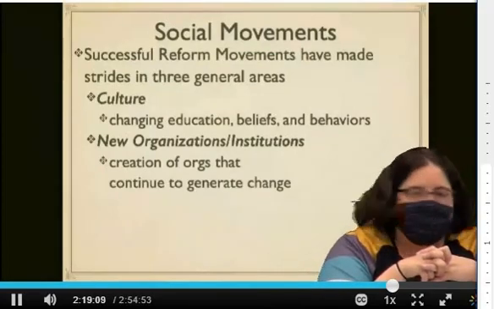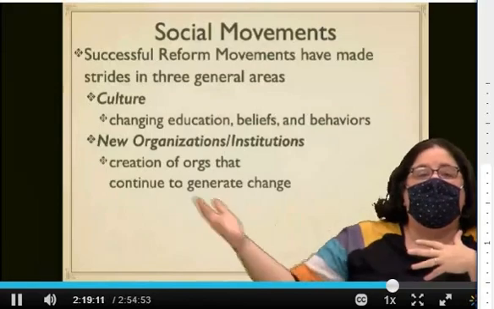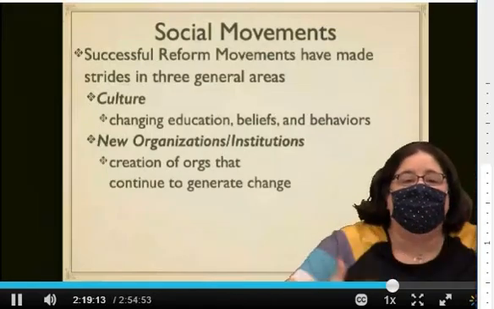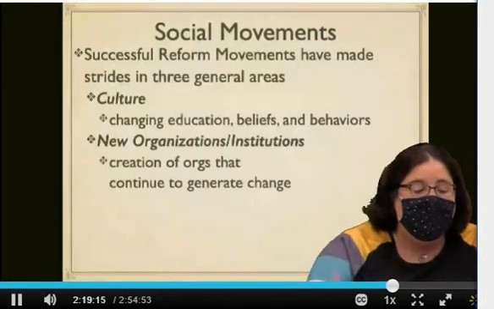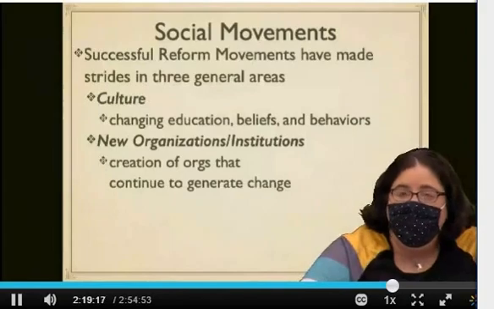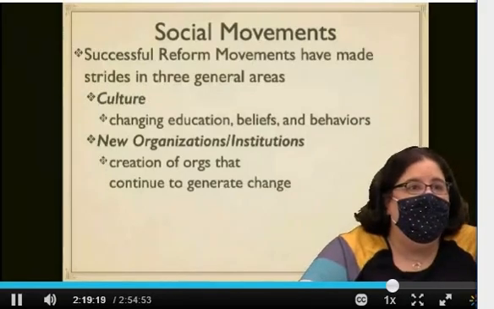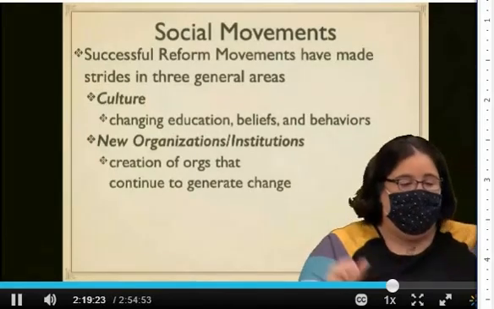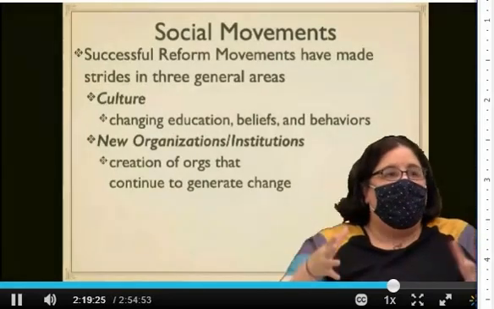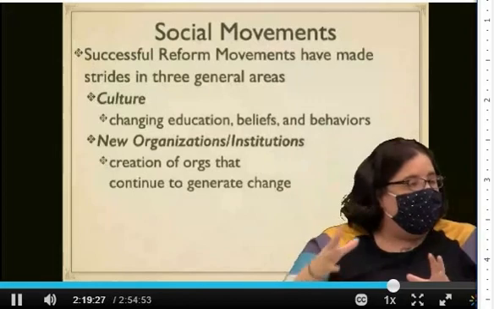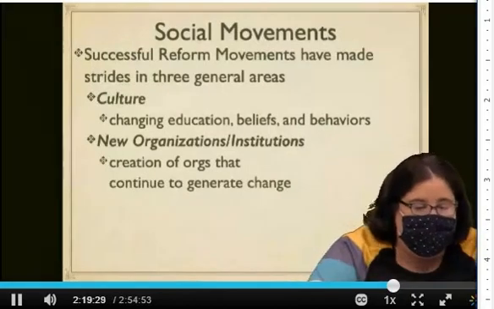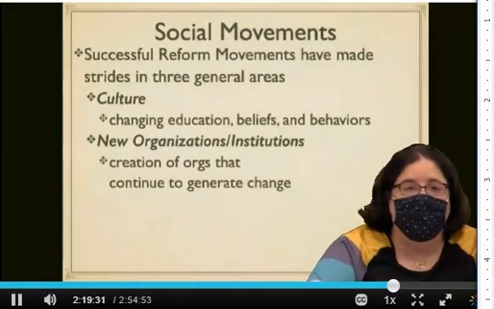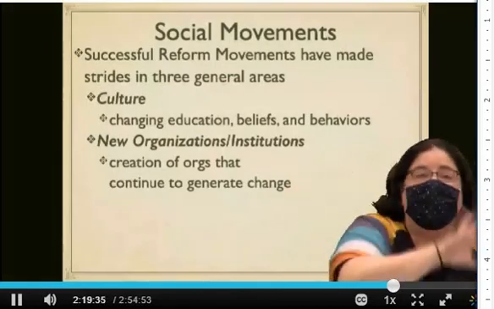But the civil rights movement didn't just change culture, it also created new organizations that continue to generate change, like the NAACP, right? Or like the Congressional Black Caucus, which is a group of black political leaders in both houses of Congress that try to work together to create change that's important to African Americans, no matter what political party they're from.